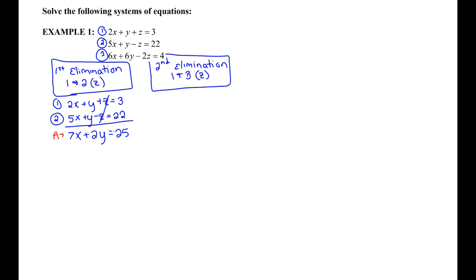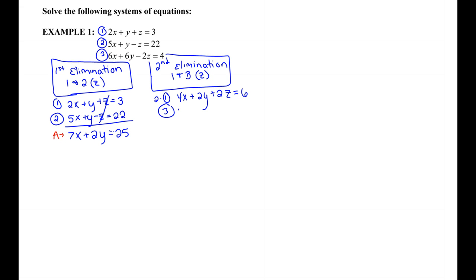So the first thing I need to do is multiply the first equation by 2 to get 4x plus 2y plus 2z equals 6. The third equation I don't have to multiply by anything.